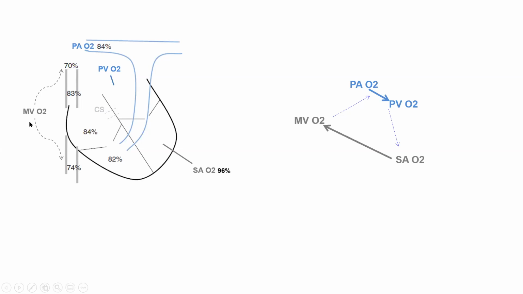So those are the systemic circulation, SA and V. Those are the pulmonic circulation, in between. Those are the two more extreme chambers. Those are the two in-between chambers. You have to remember that kind of square very well, because this is how you make your calculation. And those are the numbers you should seek as you're trying to make the calculation.